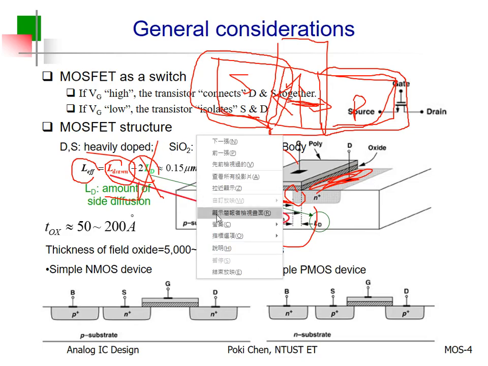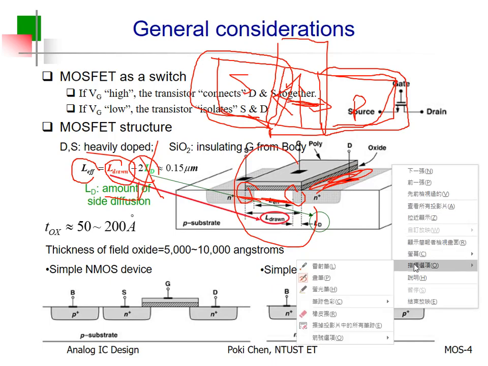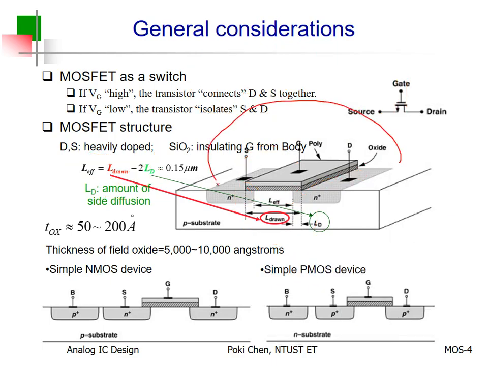The other issue I need to remind you of is that, from such a structure, the source and drain are changeable because they look exactly the same. According to the structure, they are exactly the same as each other, right? So it's up to you. It could be source here and drain there, but you say, oh no, for my layout convenience, this can be drain, this can be source, that can be drain, as you like.